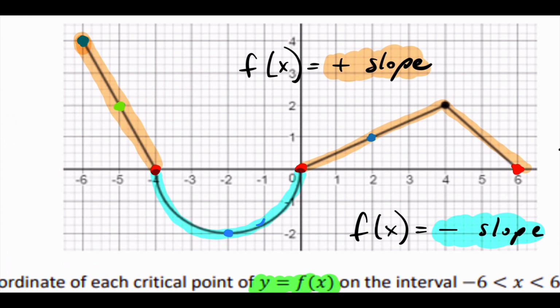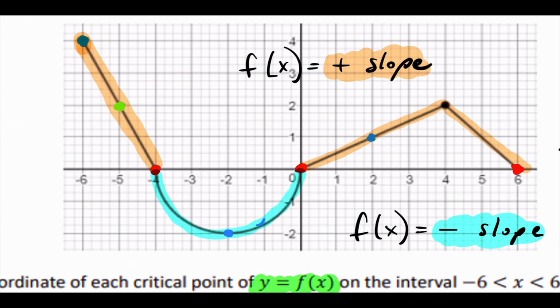So here's not the hard question, but the big question. Where is F double prime going to equal 0? I'll give you a hint.